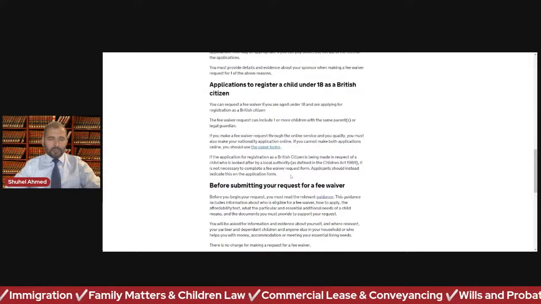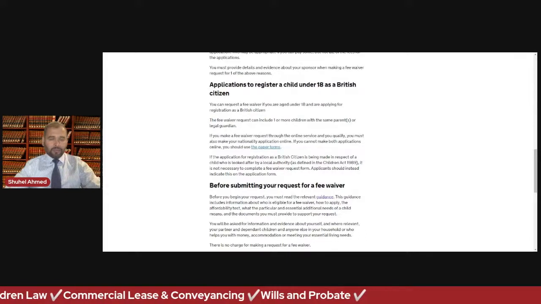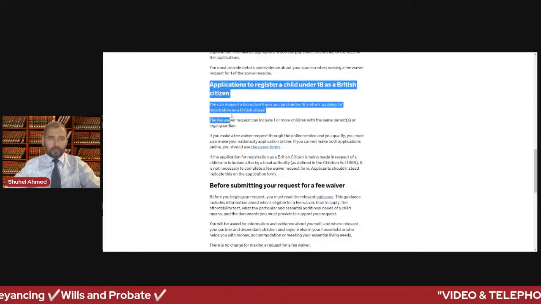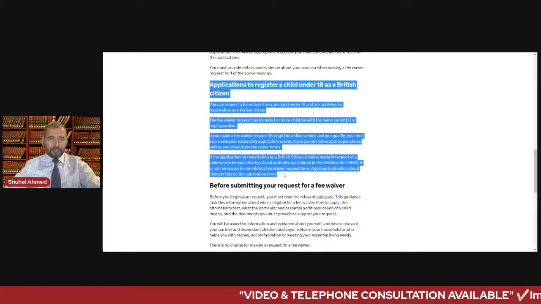Now, as I said, it's not only for human rights applications. In many forms of application, you could be eligible for fee waiver. So you don't need to pay any Home Office fee or NHS fee if you can establish the criteria or eligibility requirement.